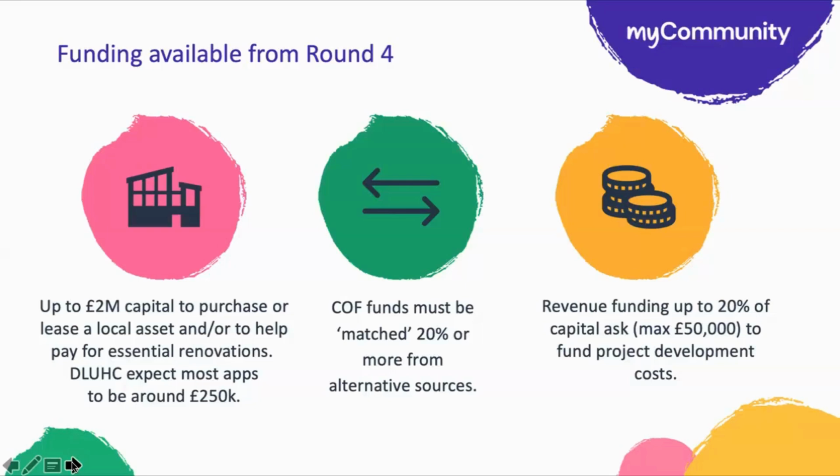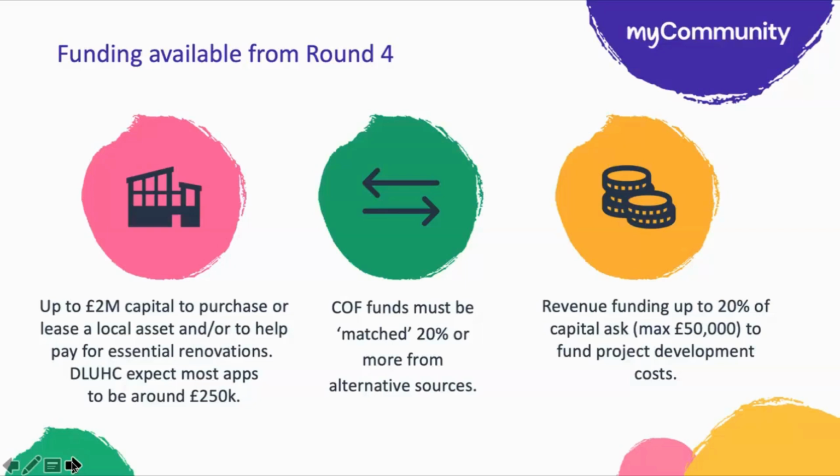When we talk about match funding, this is money that you raise yourself. So this could be other grants. If you're a community benefit society, this could be capital from a community share issue. It could be donations. It's any money that you can raise yourself to match the COF grant.